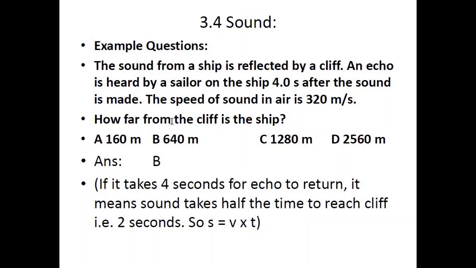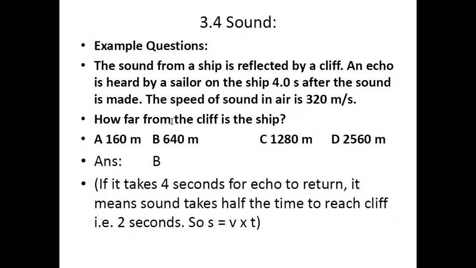Now remember that when we are talking about echoes, the distance is twice, or 2x. Over here it takes 4 seconds for the sound to return. That means the actual time taken from the ship to the cliff would be 2 seconds. The other 2 seconds, or the other half of the time, is taken for the sound wave to travel from the cliff towards the ship.